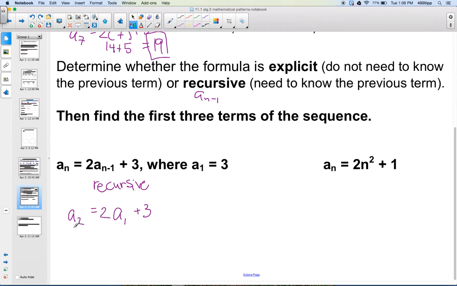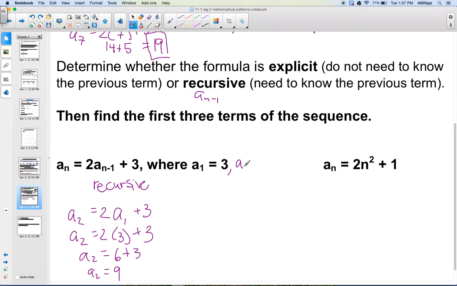We already know a sub 1 because they told us a sub 1 is equal to 3. They have to tell you that if it's a recursive formula. So a sub 2 is equal to 2 times 3 plus 3. Using order of operations, we get 6 plus 3, which is 9. So our second term is 9.